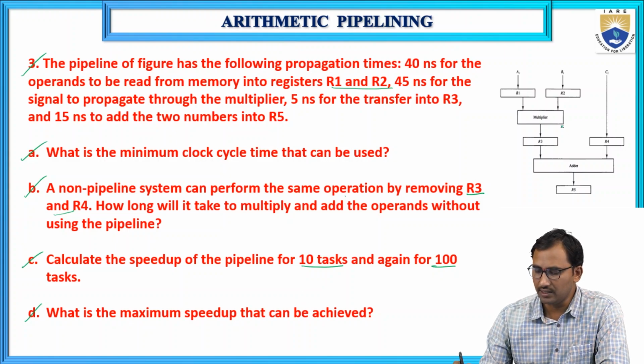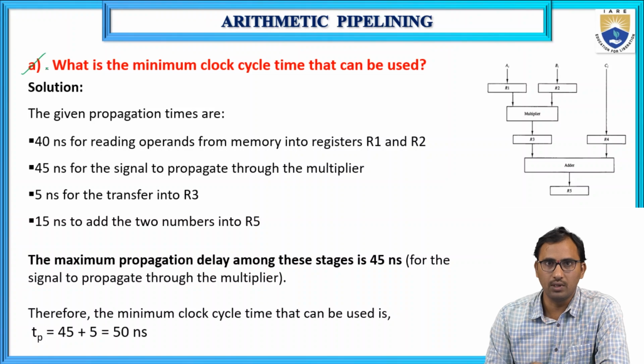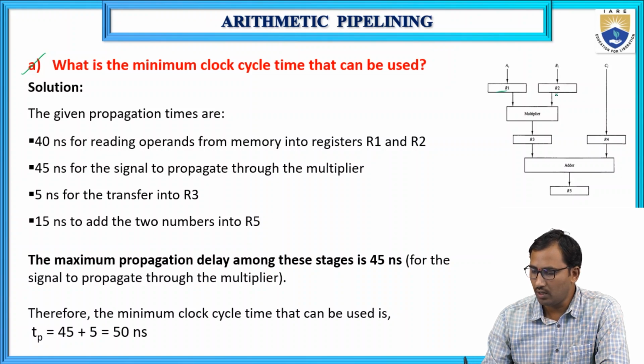So here the figure is given. Let's see how to solve the first one, that is, what is the minimum clock cycle time that can be used. In total, 3 stages are given: R1, R2 registers, the multiplier, R3, R4 registers, the adder, and R5.